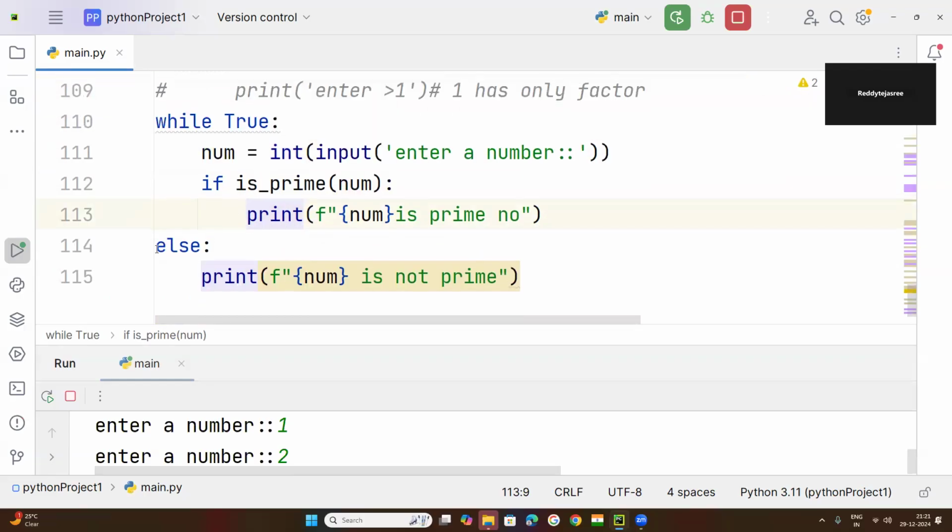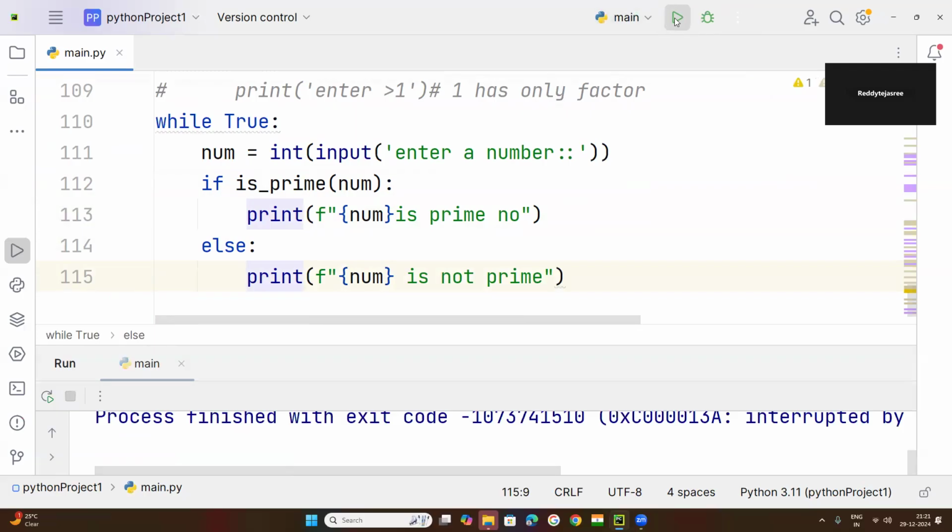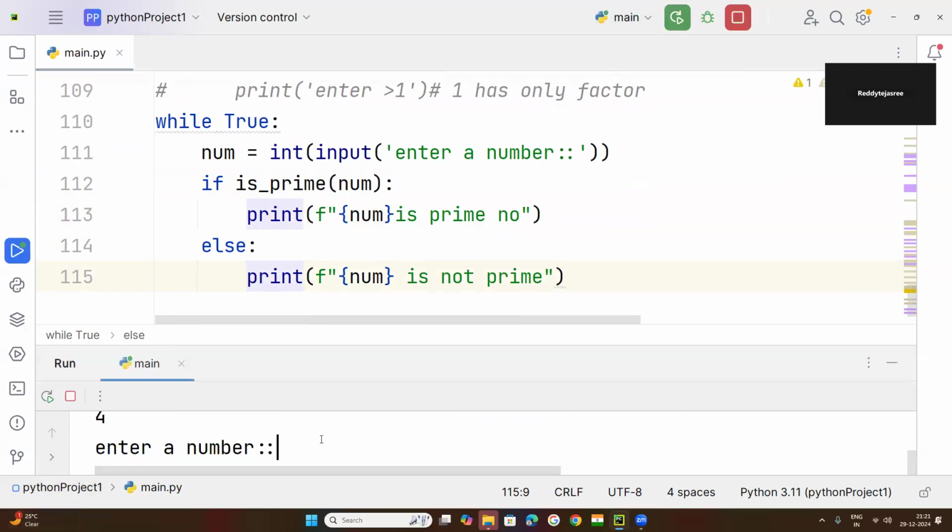Okay, now I think it is going to be success. Okay, enter a number 1. 1 is not prime. Enter a number 2. 2 is not.